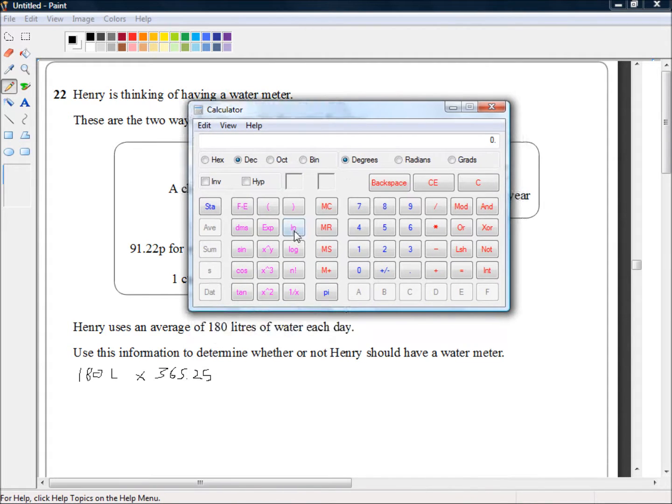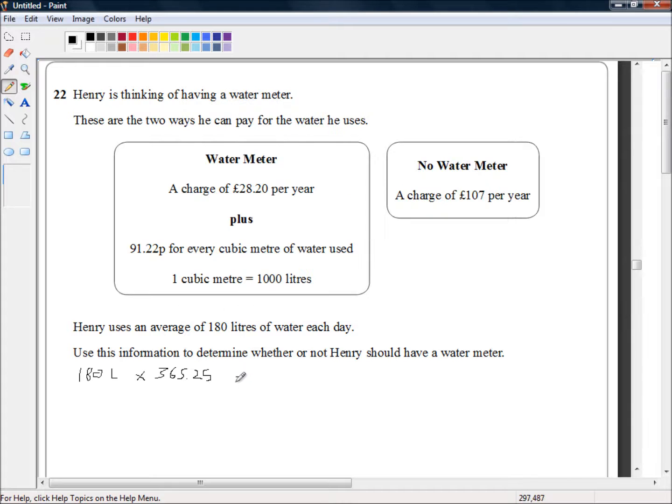So that is 180 times 365.25, which is equal to 65,745 litres. Okay, so that's how many litres.